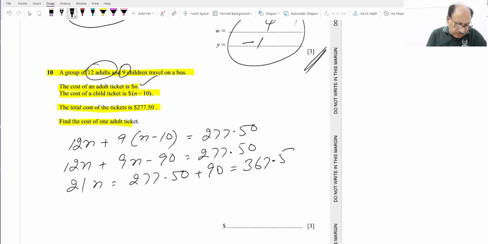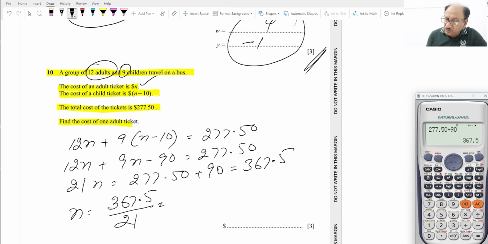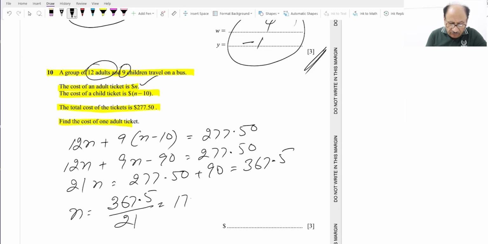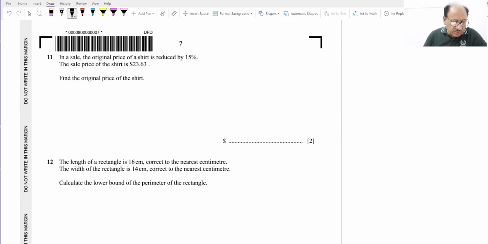So n will be equal to 367.5 divided by 21, which is equal to 17.5. So our answer will be $17.5, and this is also a 3 marks question which we have done.